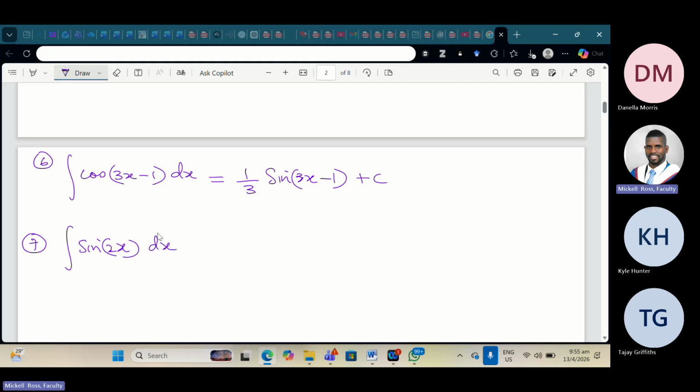What happens if we have the integral of sine 2x? Try that one for me, please.